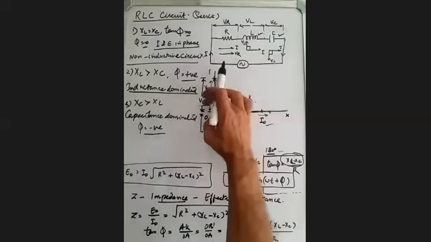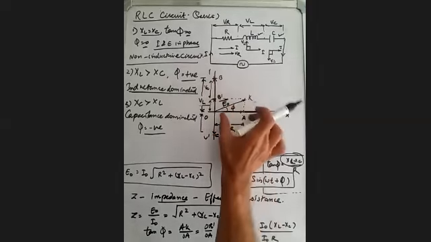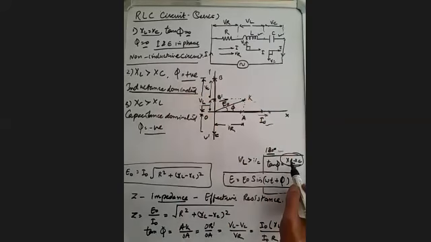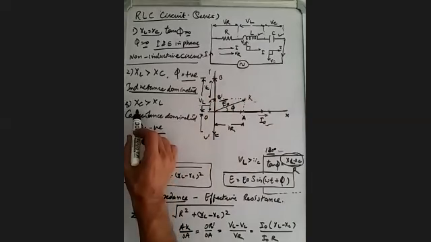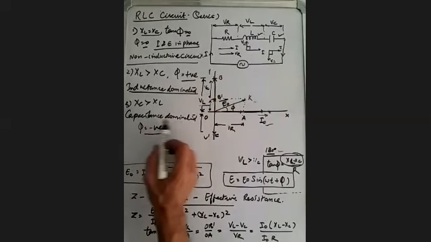So VL minus VC is 90 degree ahead of I naught. In that case, because this quantity is positive, tan phi will be positive and hence phi will be positive. And when XC is more than XL, it is a capacitance dominated circuit, the value of tan phi will be negative and therefore the value of phi will be negative.